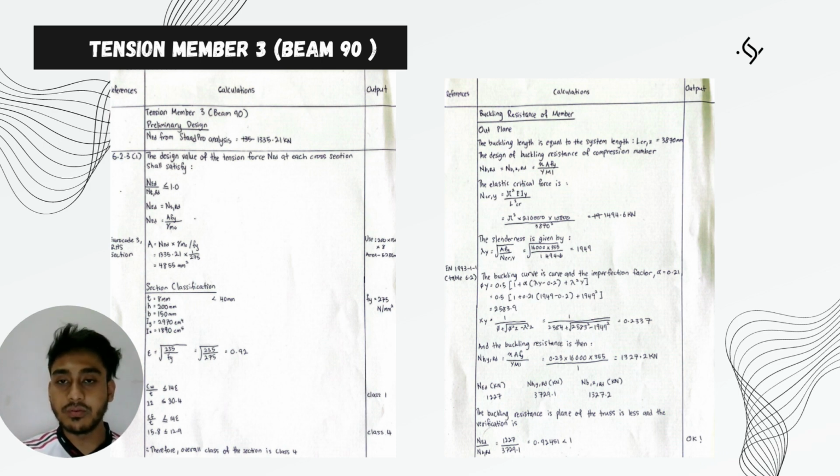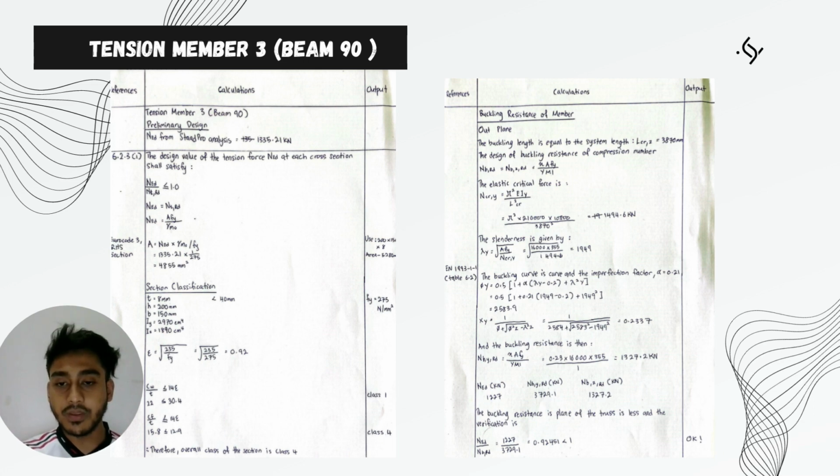Then we move to buckling resistance of member. After we calculate, we get the elastic critical force is 1494.6 kilonewton and the slenderness is 1949.